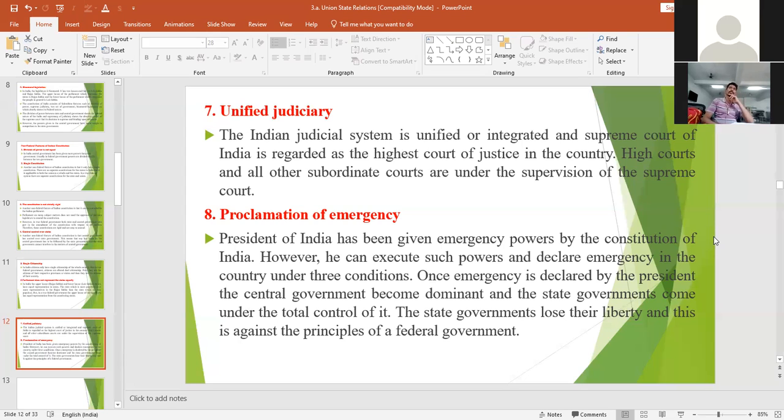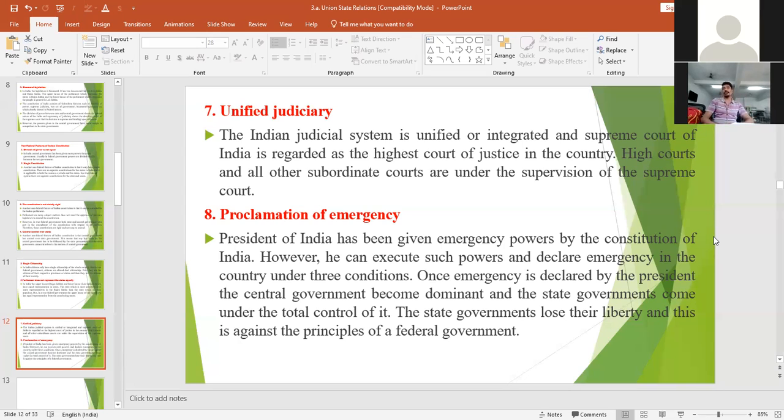And finally, the proclamation of emergency. Here, the President of India has been given emergency powers by the Constitution of India. He can execute such powers and declare emergency in the country under three conditions. Once emergency is declared by the President, the central government becomes dominant and the state government comes under the total control of the central government.